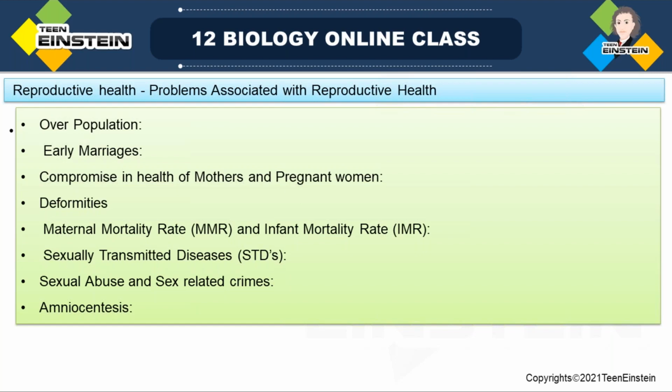And the next point is early marriages. In some places and areas, the marriage age is still very low, right? As soon as girls reach puberty or the stage of adolescence, the parents fix the marriage of the child, and the children get married.